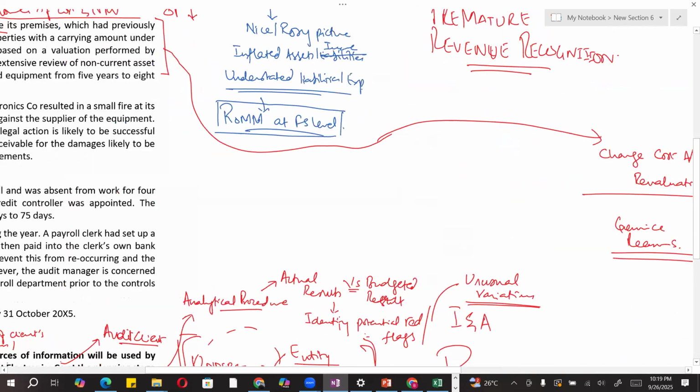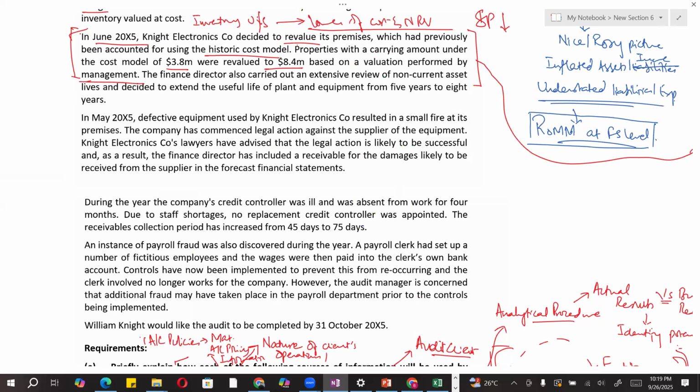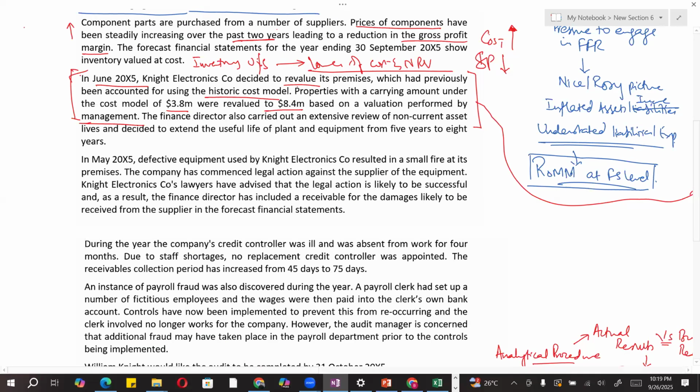It looks like they're just doing it for the purposes of reporting a gain. The impression is that they're doing it only and only for the purpose of reporting a huge gain. So if that is the reason, then your PPE could be overvalued and your revaluation surplus would also be overstated.